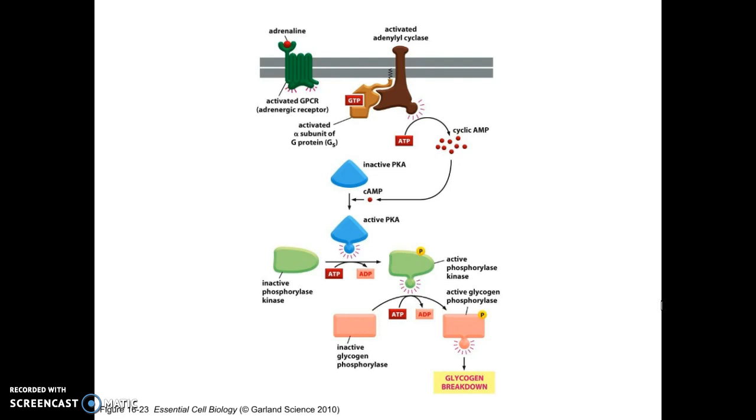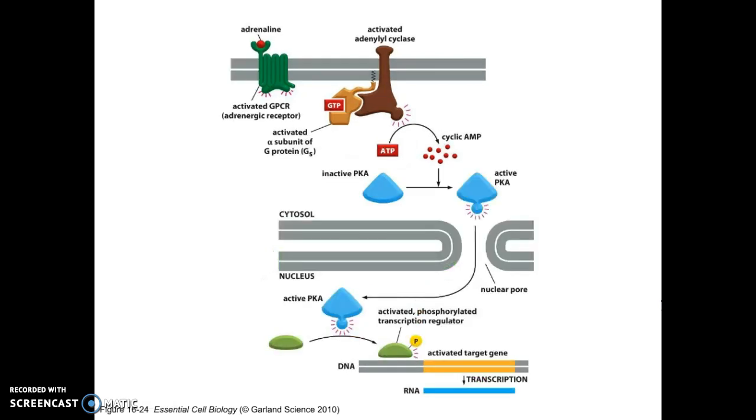In response to adrenaline, we would want more energy for our muscles to be able to support that fight or flight. Another thing that cyclic AMP might be doing to the inactive PKA, or activating the PKA, is causing PKA to go into the nucleus, where it is going to phosphorylate a transcription factor, maybe like CREB or something like that.